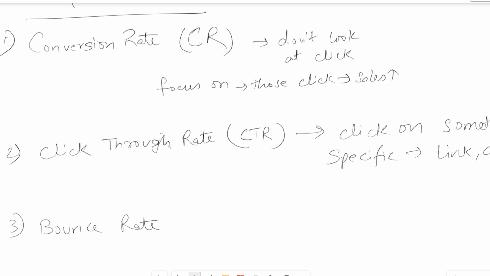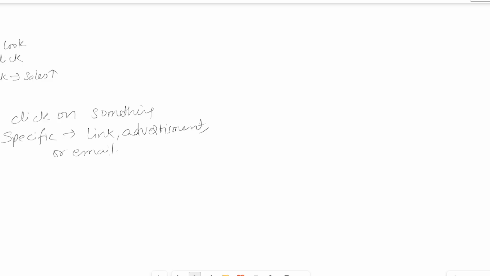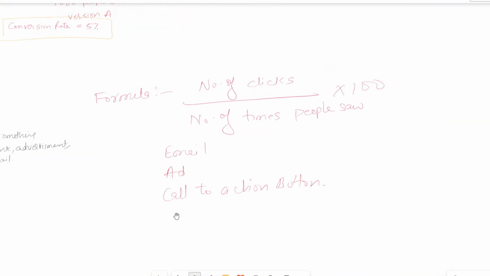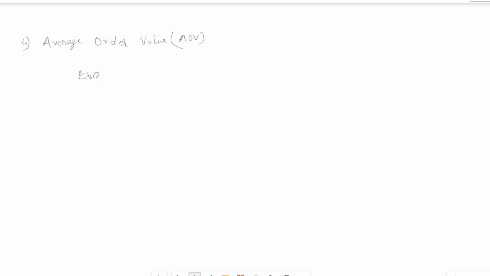Number of clicks divided by number of times people saw it, times 100. And it matters only for email, marketing campaigns, banner ads, call to action buttons, where you put links and all. High CTR doesn't always mean success if people click but don't actually buy anything.